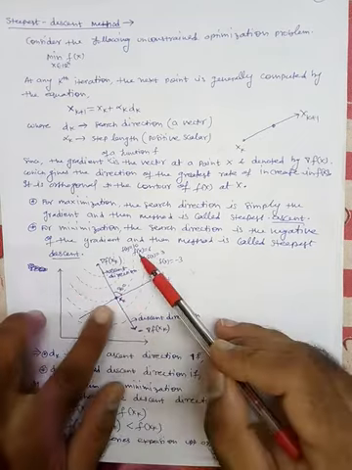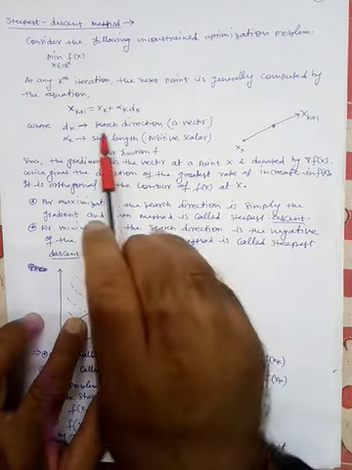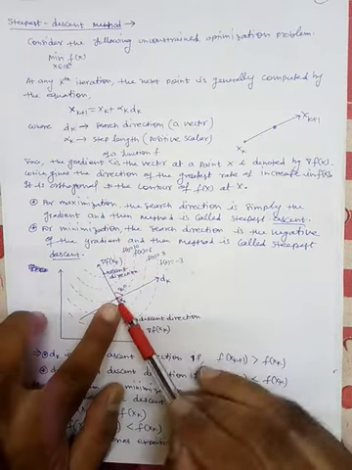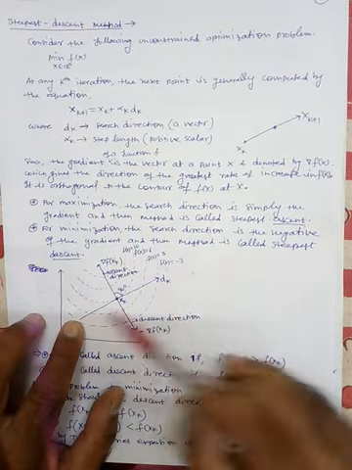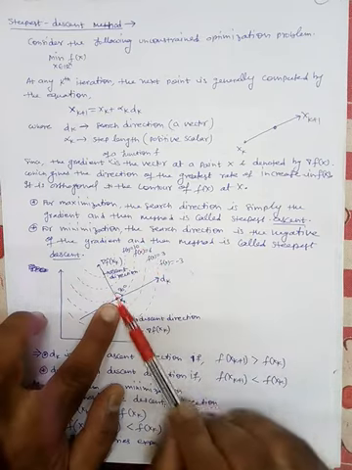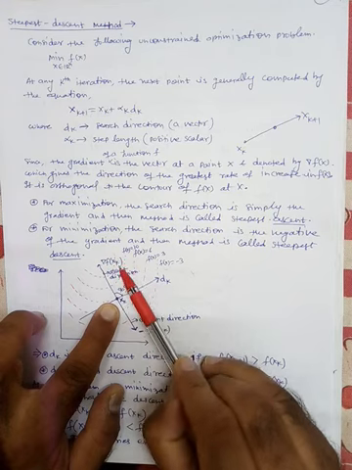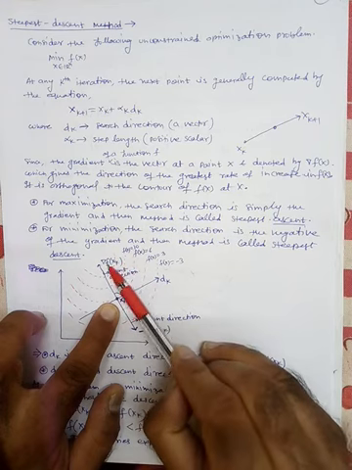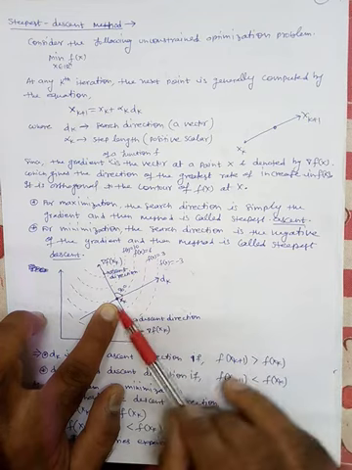If this is the contour, and this is the direction dk, the search direction, or you can say this is the tangent at any point on the contour, then orthogonal means perpendicular to this. So this is gradient f of xk. Here gradient f of xk is either on this side or this side, perpendicular.